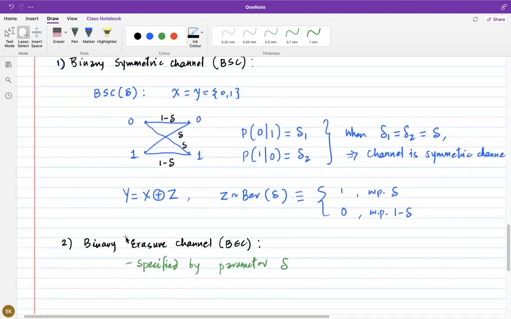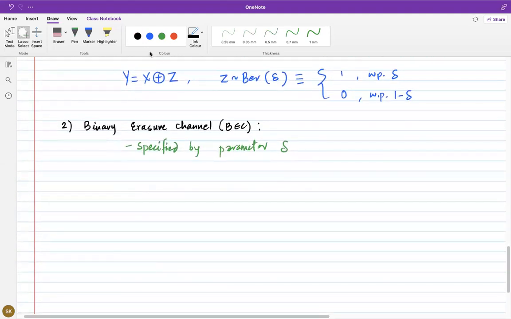Again, in order to specify a channel, you first need to specify the input that it takes. The input space is again binary. However, the output space is actually not binary. It contains 3 symbols: 0, 1, and an erasure symbol, which I am denoting using a question mark.